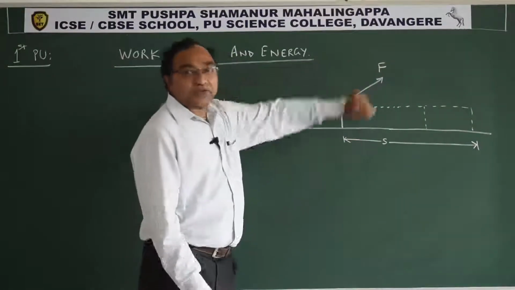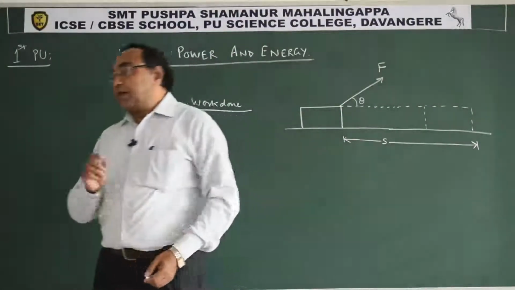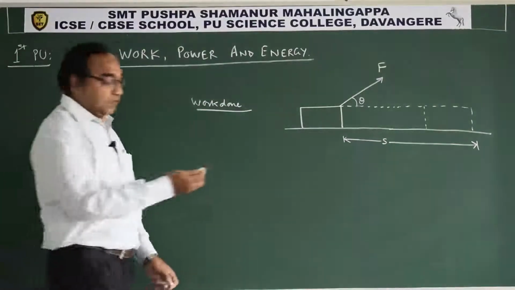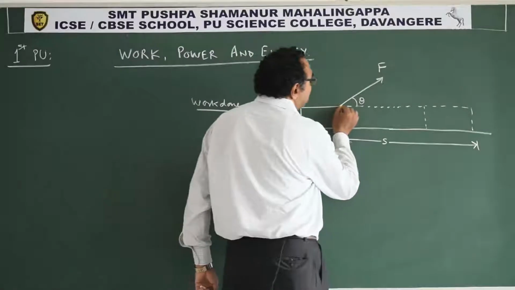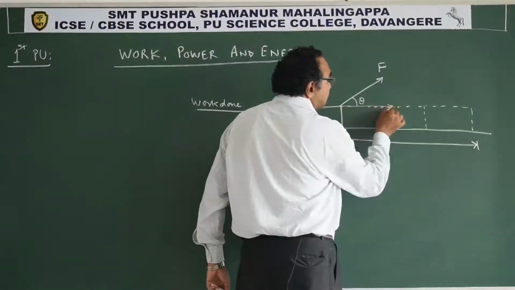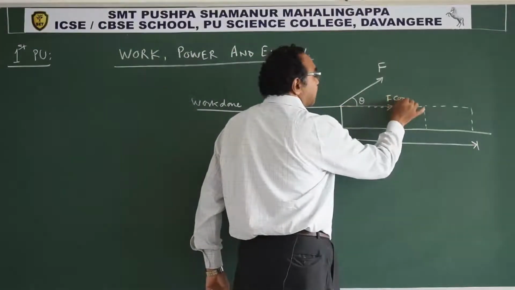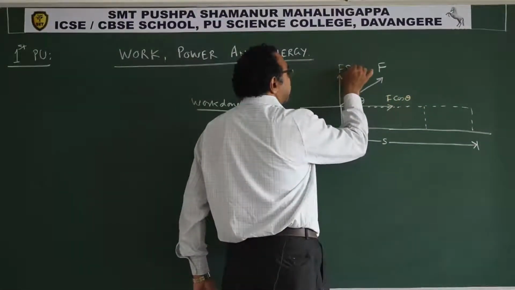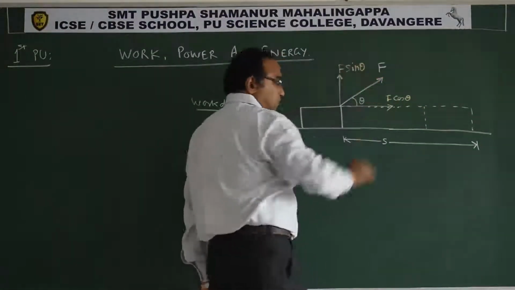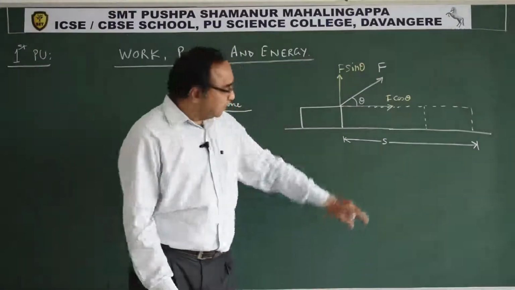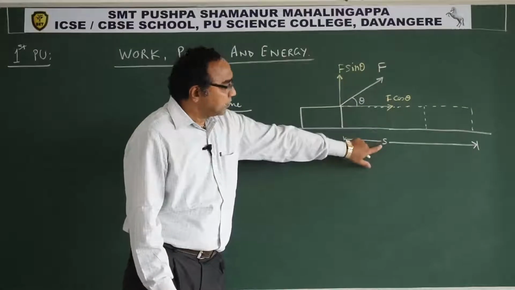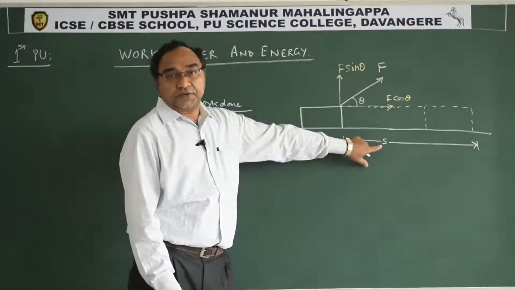Now this force F can be resolved into two components. This is one component which we call F cos theta. This is another component which is F sin theta. Now the displacement S and F cos theta are in the same direction.